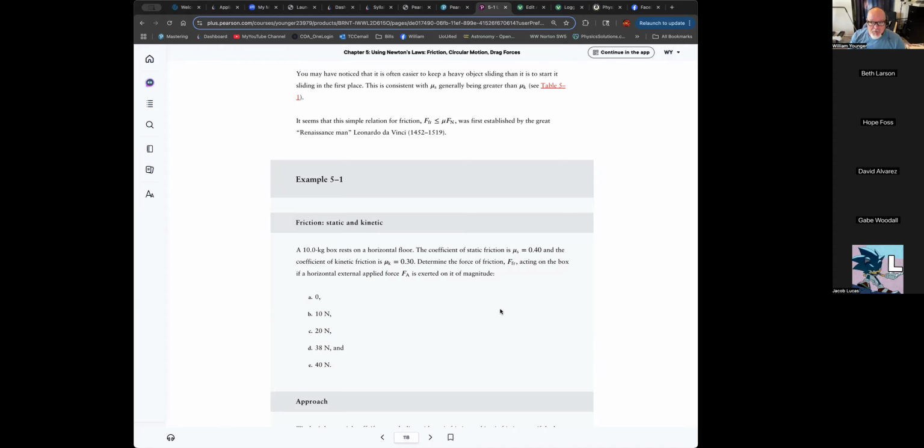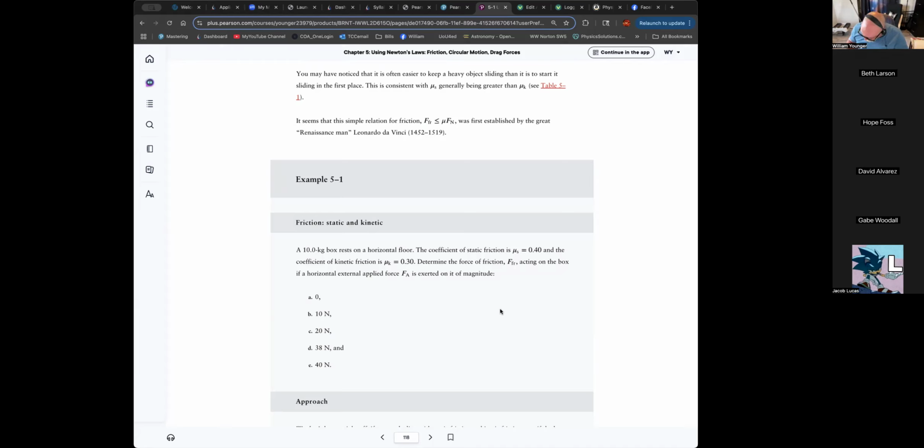It's times the normal force, but I pointed out to you that when the surface it's sitting on is perfectly horizontal and no additional forces are pushing down on the object or lifting up on the object, then the normal force is equal to the weight. That's why I'm using 98.0. It's not that the weight is the appropriate formula. It's that the normal force is equal to the weight in these special cases.